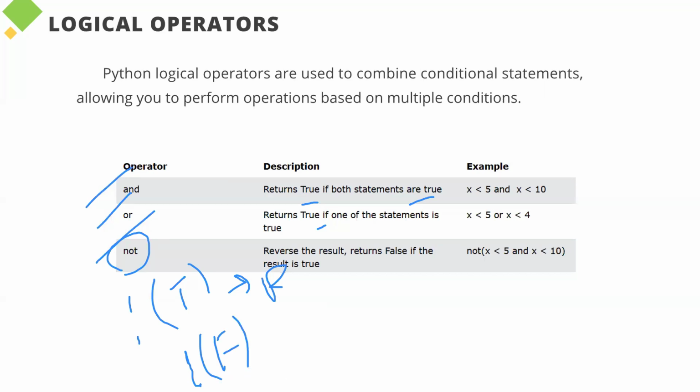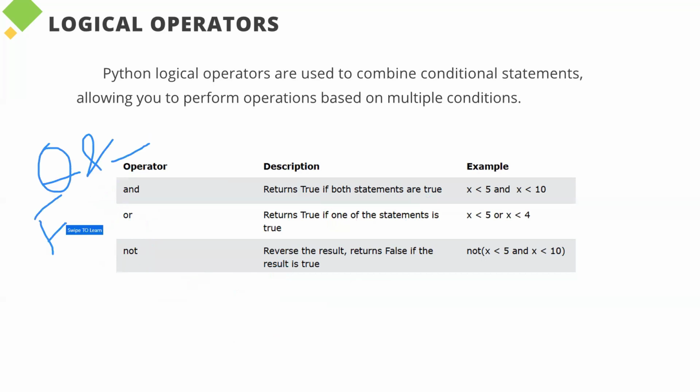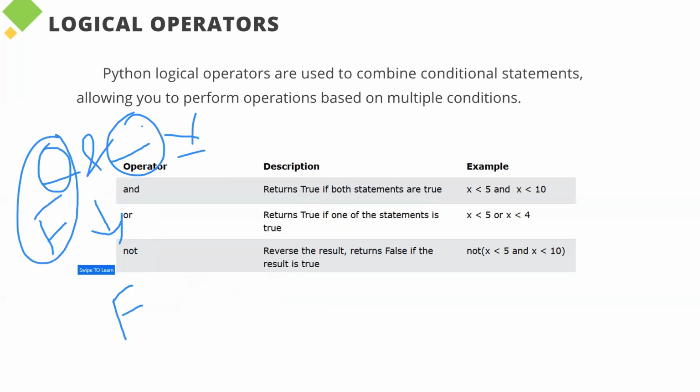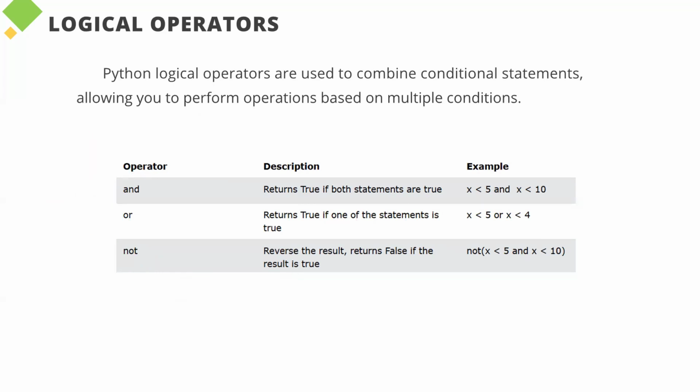In the evaluation terms, and is evaluated only based on the first. Suppose two expressions and and is present. If the first is false, then it won't evaluate the next one. Instead it directly gives false, because if one of the statements is false, then obviously the result will be false.